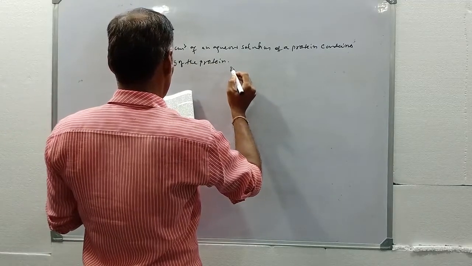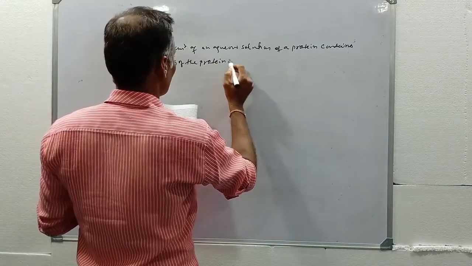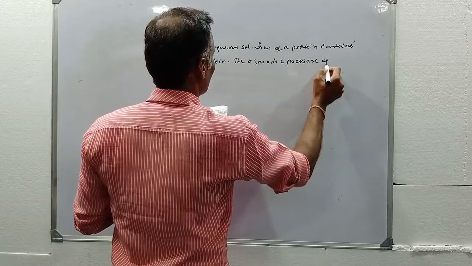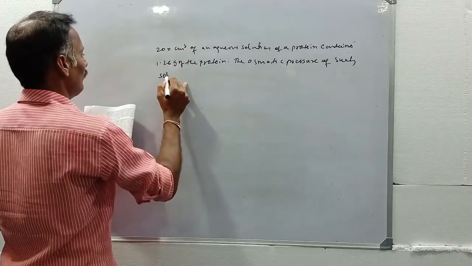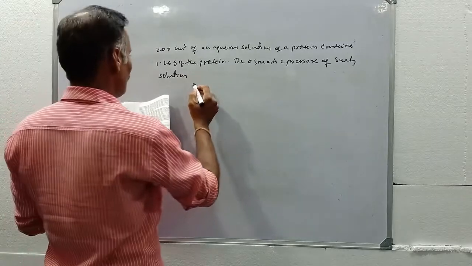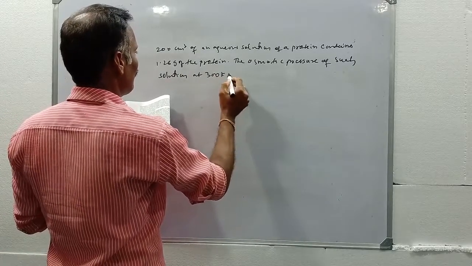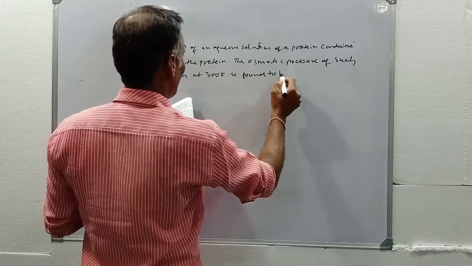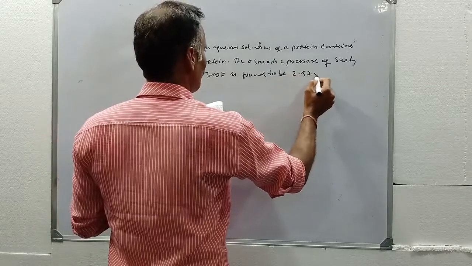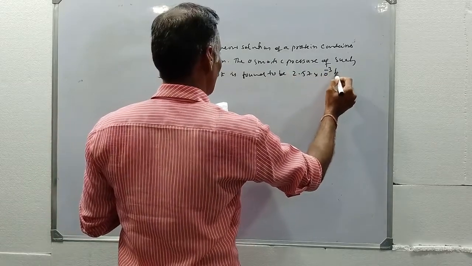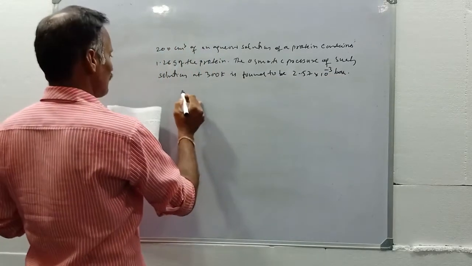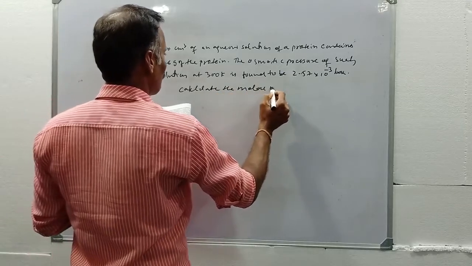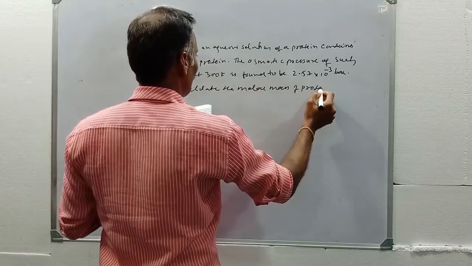The osmotic pressure of such a solution at 300 Kelvin is found to be 2.57 into 10 to the power of minus 3 bar. Calculate the molar mass of the protein.